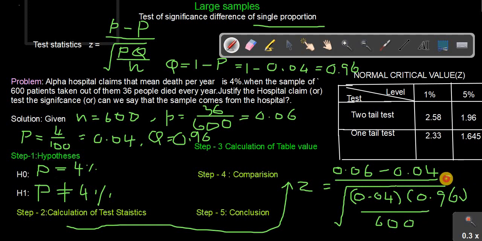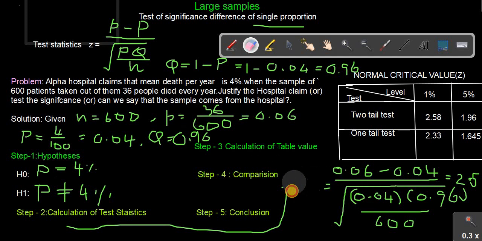Have you got that? Congratulations. So the test statistic value of Z to test the significance of the single proportion, we are getting as 2.5 for this given situation.